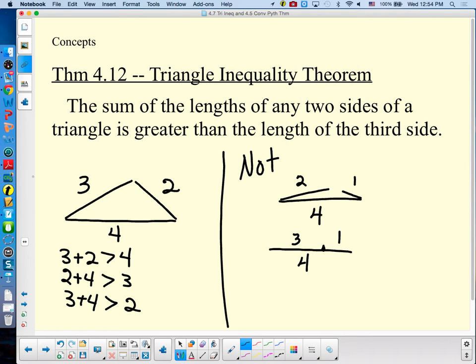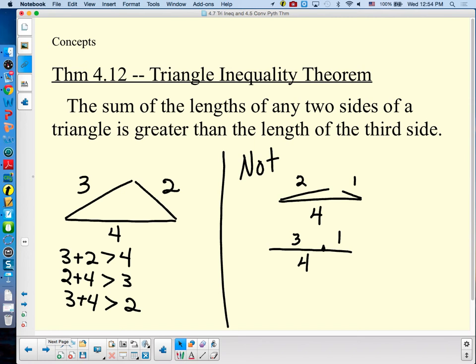Okay, so I'm going to give you 3 lengths and have you decide whether it would make a triangle or not. Put your final answer on the marker board for me.